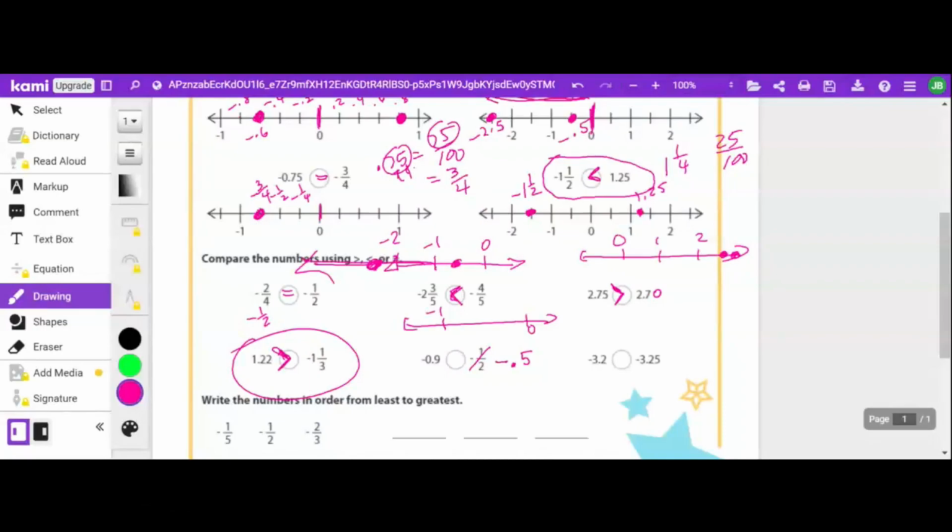Which one is further out on the number line?